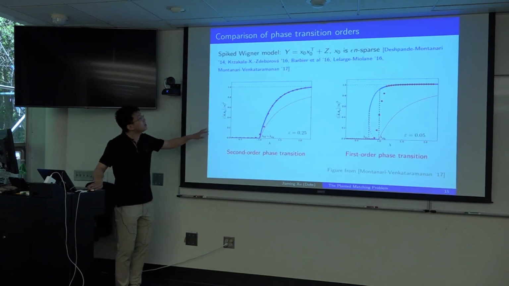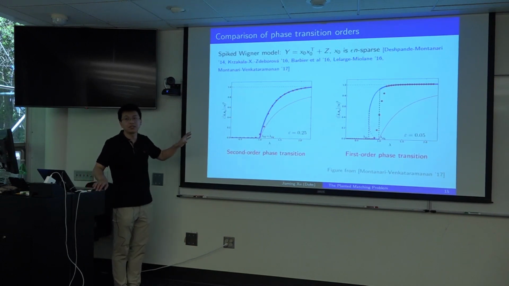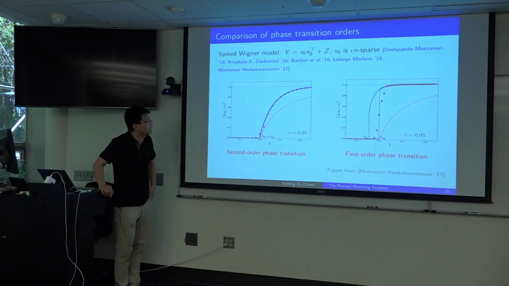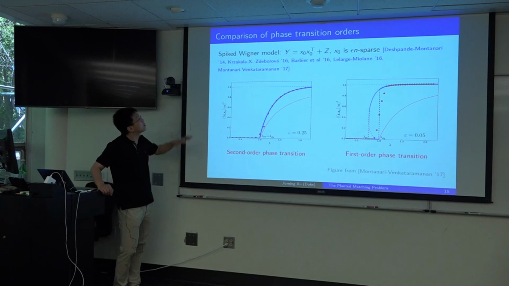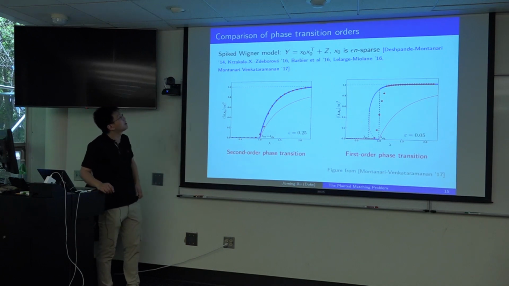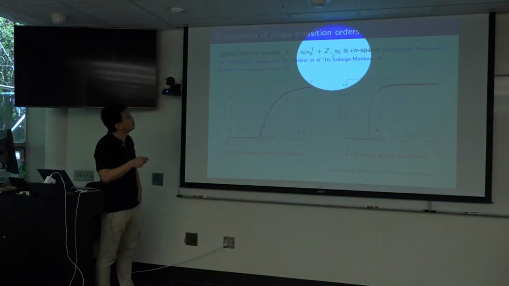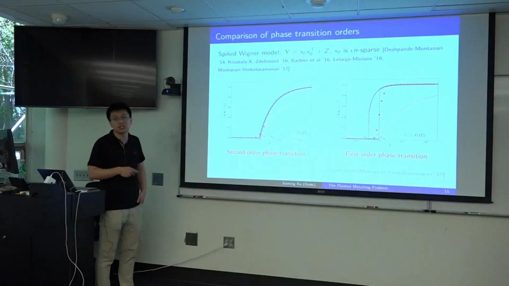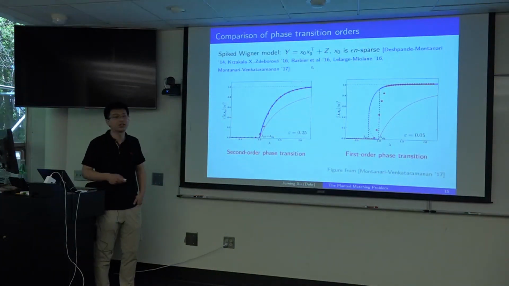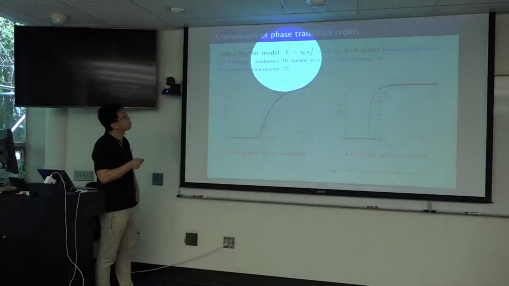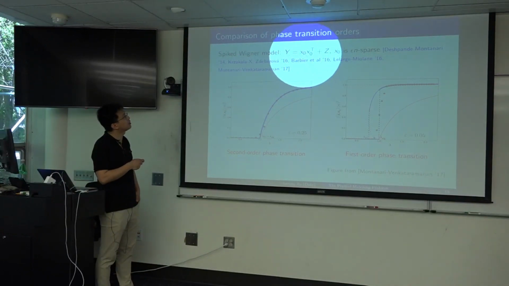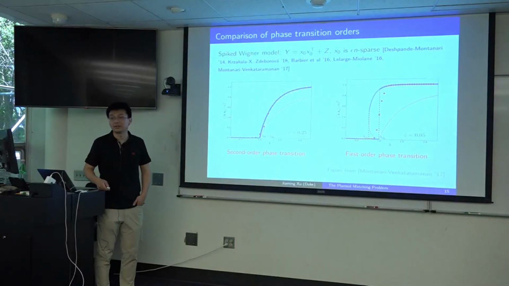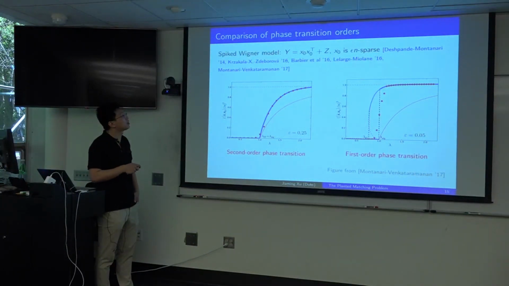There are some other problems where we know more precisely what's happening. I just want to connect back to the tutorial. I think in his tutorial, he mentioned the spiked Wigner model. Basically, you have a Gaussian matrix Z, and a rank 1 perturbation given by x0 x0 transpose. Your observation is y, and your goal is to recover x0 based on y.